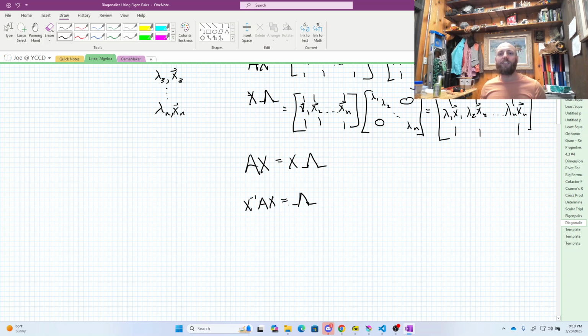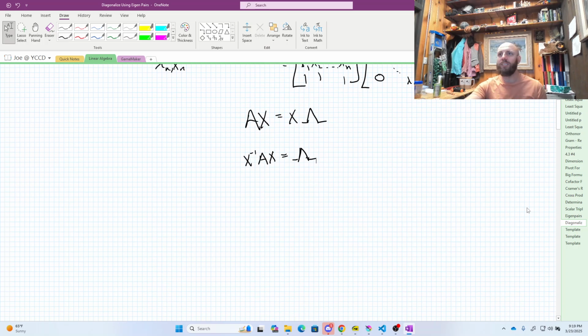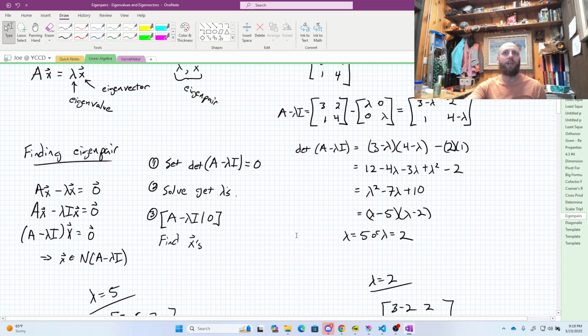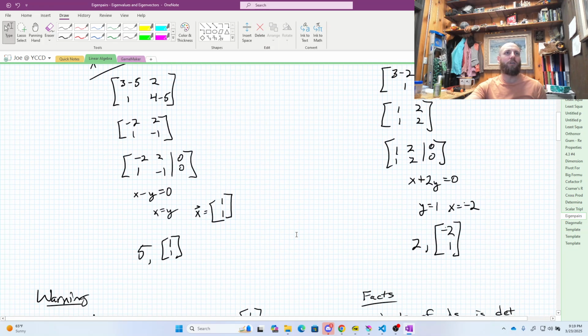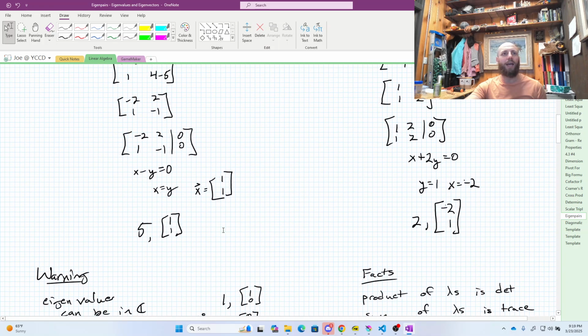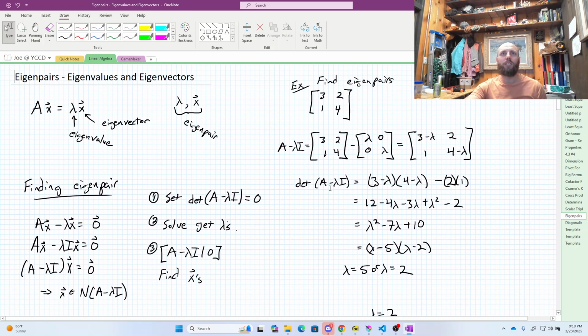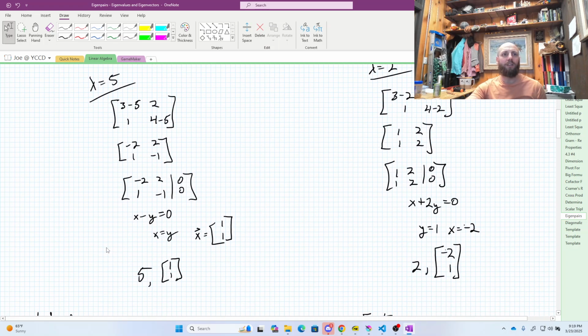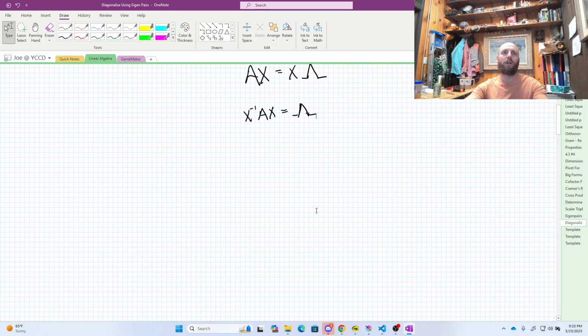So this gives me a way to diagonalize the matrix that I had as my example in the previous one. I was looking at the matrix 3, 2, 1, 4, and I got these eigenpairs. So I'm just going to grab these and bring them over.